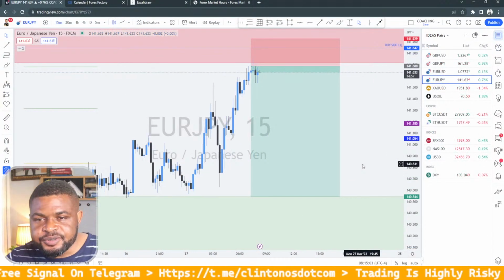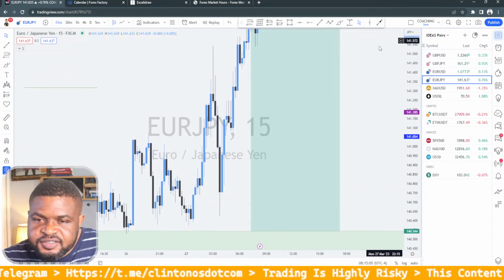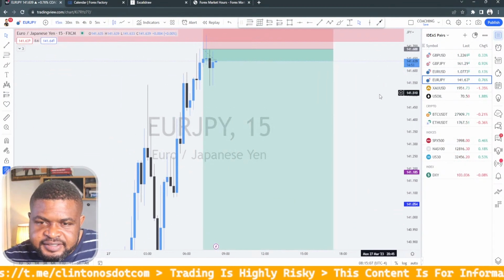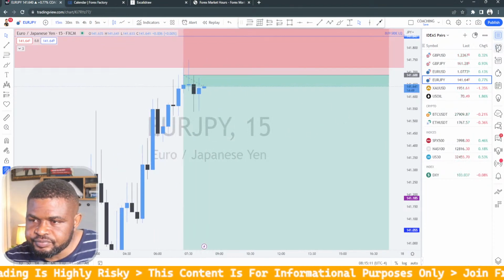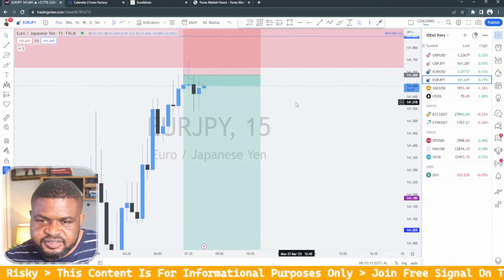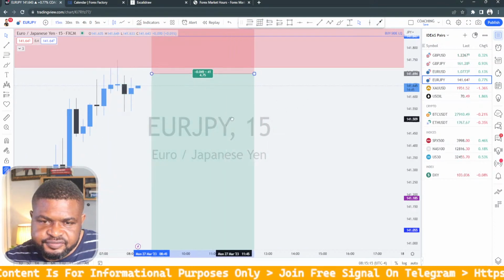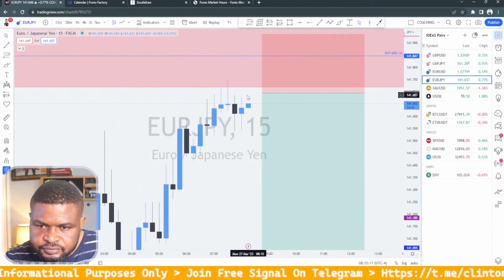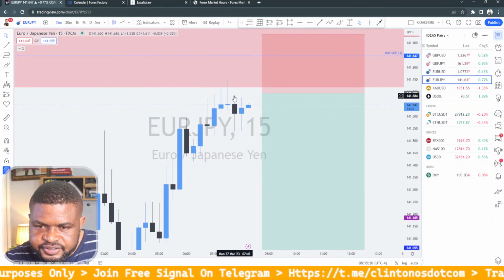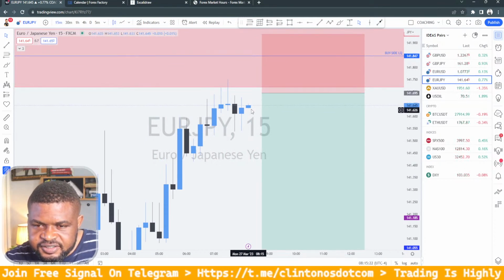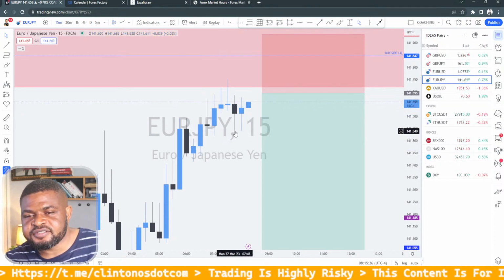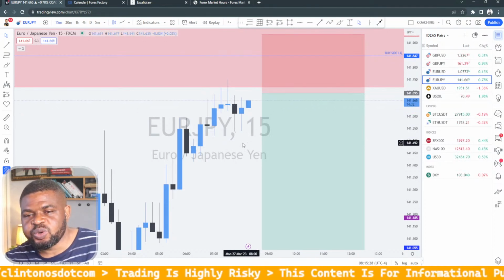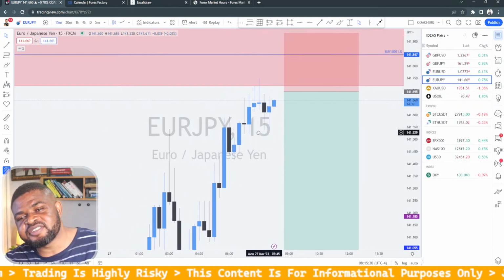All right, so not doing bad. At least we could not go above this, right? So significant. What we want to see is this coming down, taking this swing low, but I don't know why it's going up, but it's all fine.